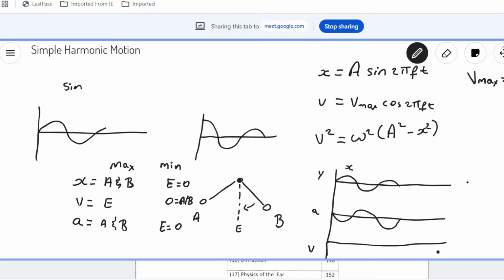The velocity will start at the maximum. So the distance and acceleration are proportional, but if you look at this over here, when displacement and acceleration are at zero, so at the equilibrium point, that's when velocity is at its max.